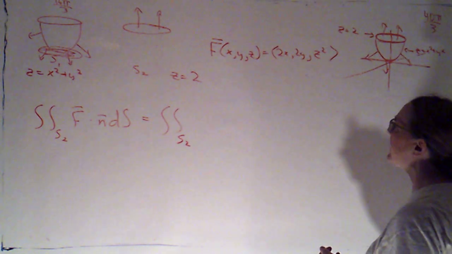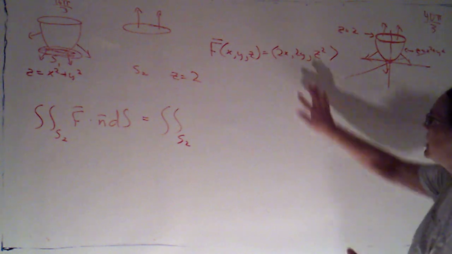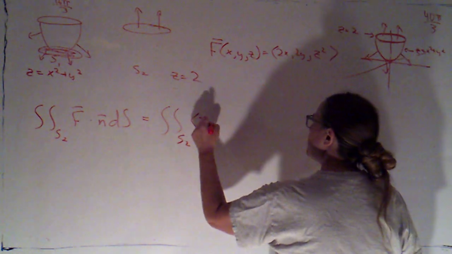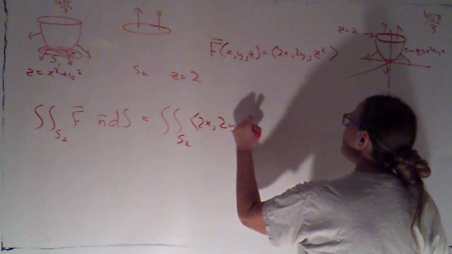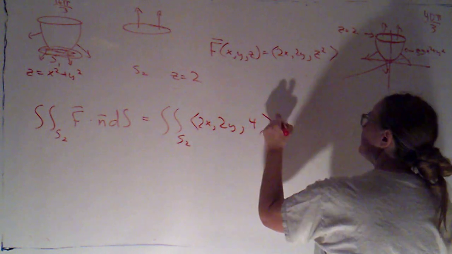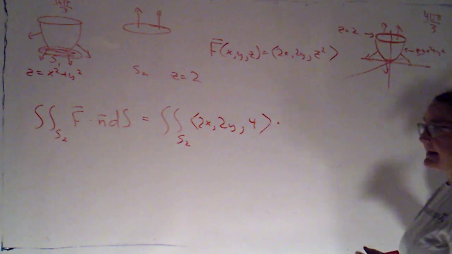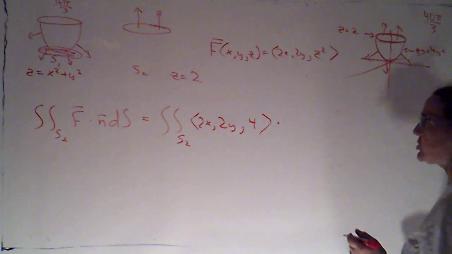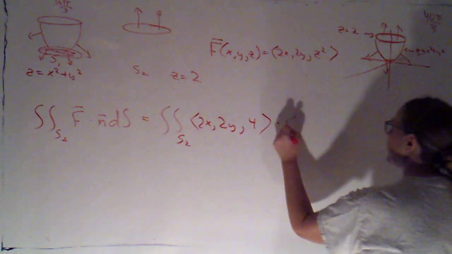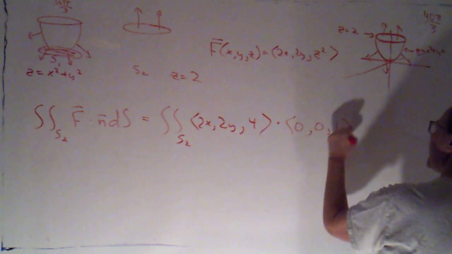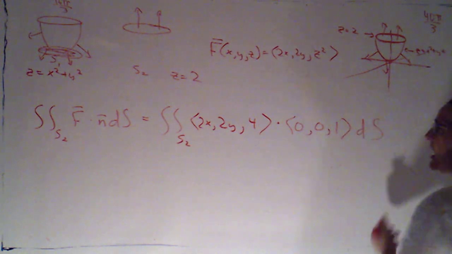Along S2, along that surface, z is just 2. So my vector field becomes 2x, 2y, 4. And I can see, just by inspection, that the unit normal vector is going to be 0, 0, 1, because it's pointing straight up.